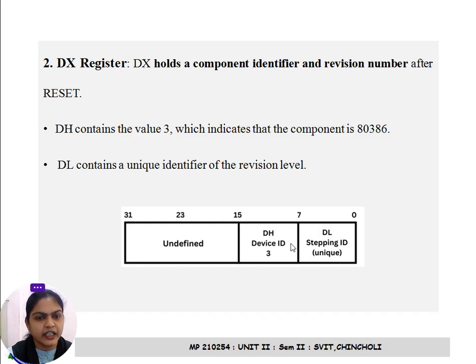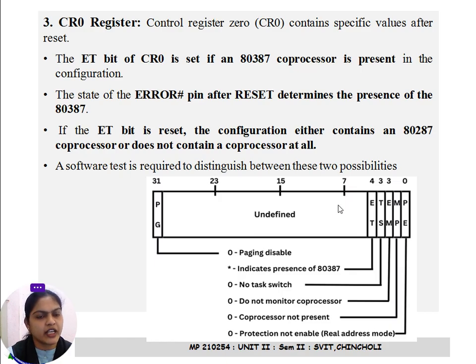In that, the upper bits of EDX contain an undefined value, and for the lower bits, DL represents the stepping ID, which is the unique ID for the microprocessor, and DH contains the device ID 3. If the DX register contains anything other than this value, our 80386 is faulty.